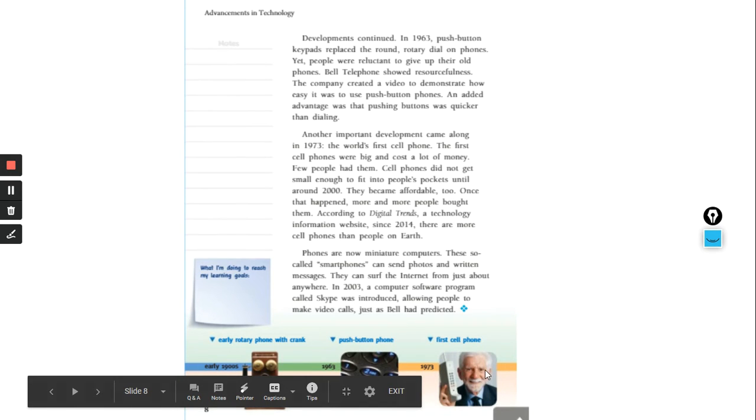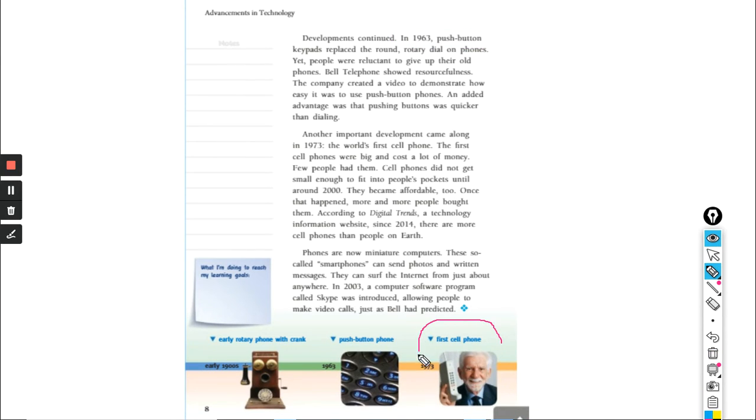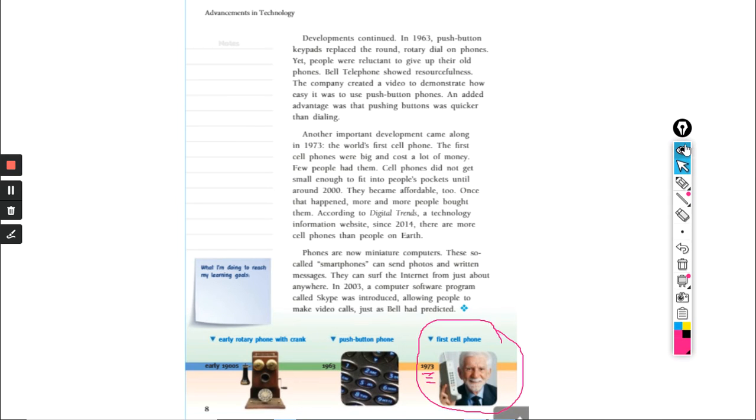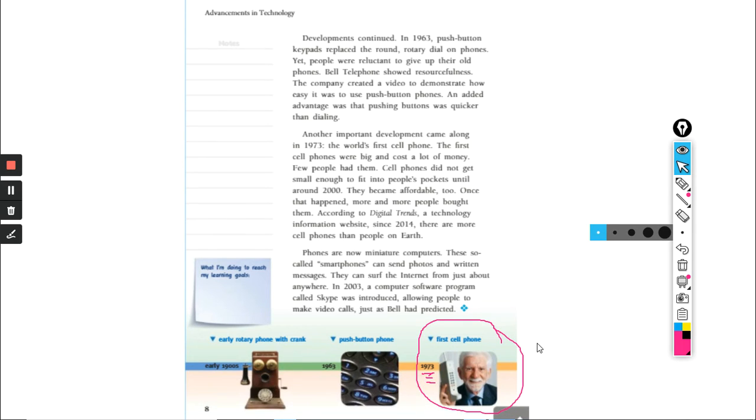Now this is another nonfiction text feature, and I can see at the bottom right away, it says the first cell phone. And I'm able to see that date of 1973. So this timeline is able to really help me understand very quickly on that time frame.